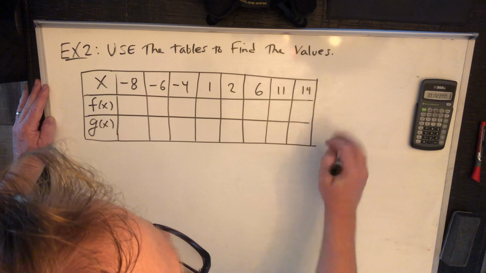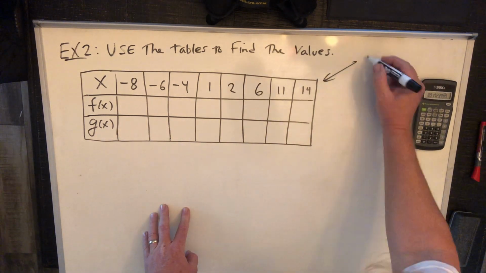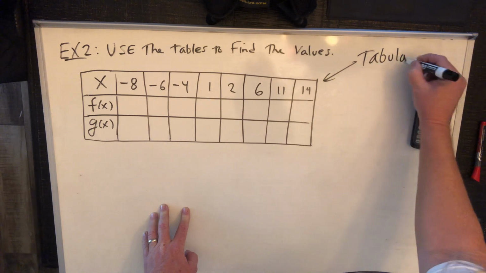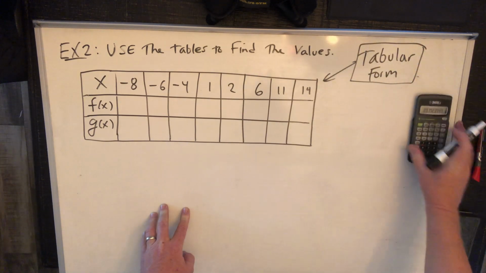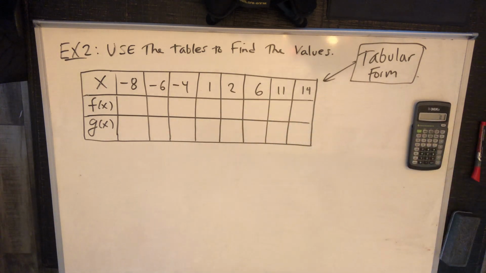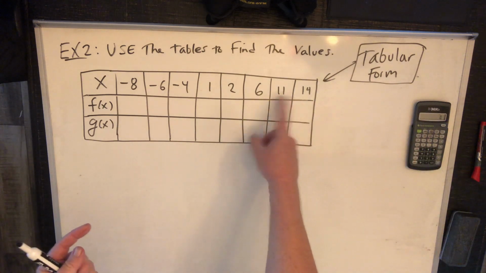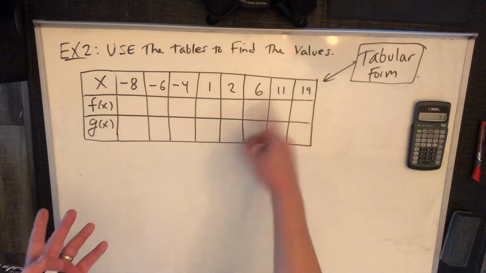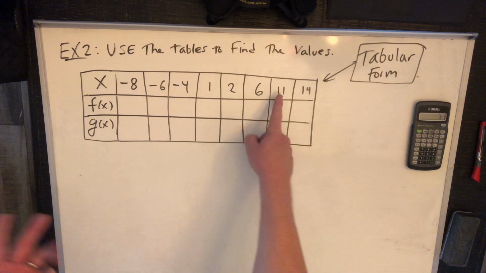The only limitation to a tabular form, this is what we call tabular form, is you can't go outside the table. So I have no idea what's going to happen when x is 15 or when x is 16. Or we also can't interpolate between the values. So I don't know what's going to happen at 12 or 13 or 7, 8, 9, and 10.